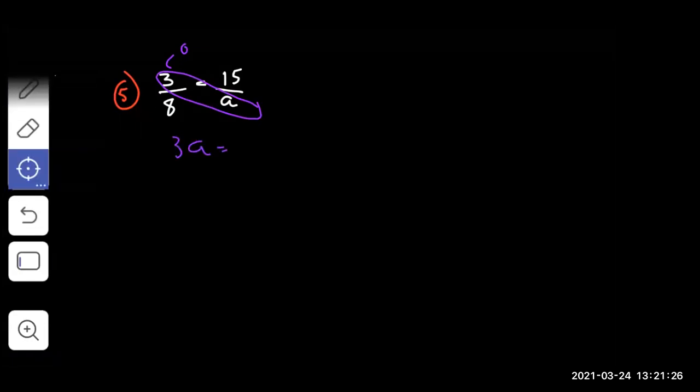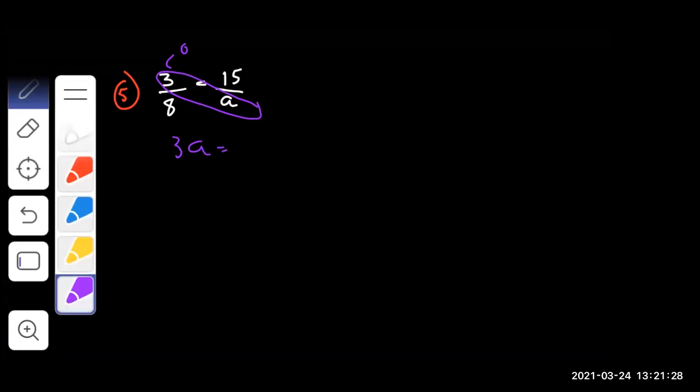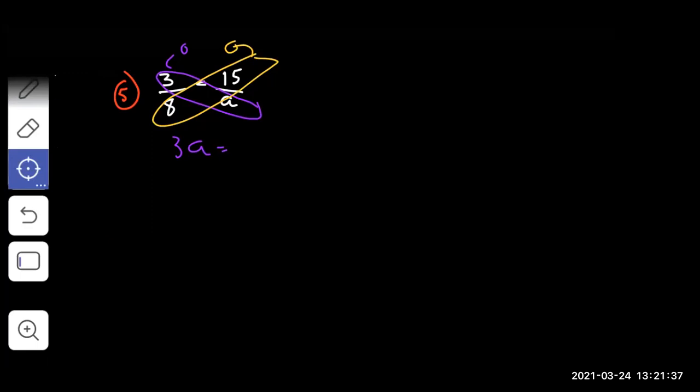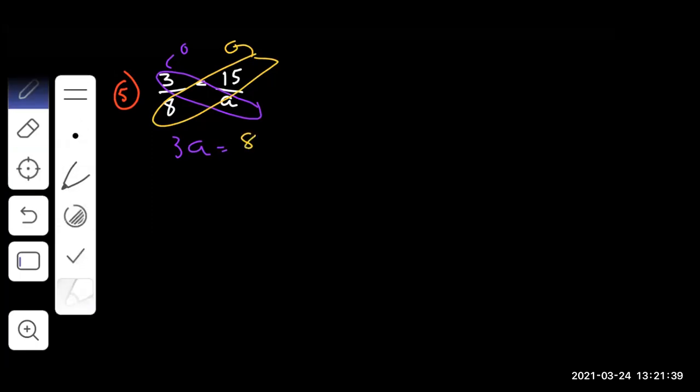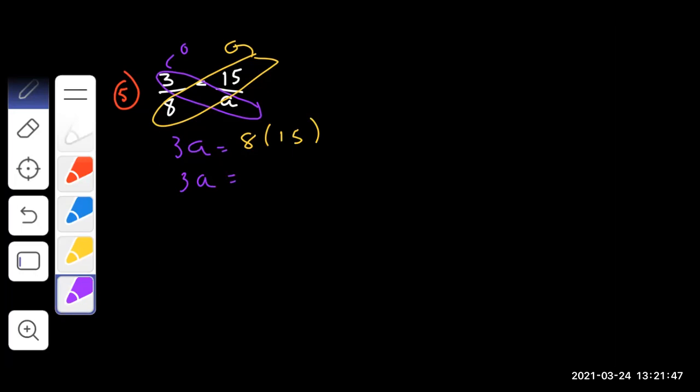Equal, and then let's multiply the other part. 8 times 15. I'm going to use parentheses, guys, 8 parentheses 15, which means multiplication.